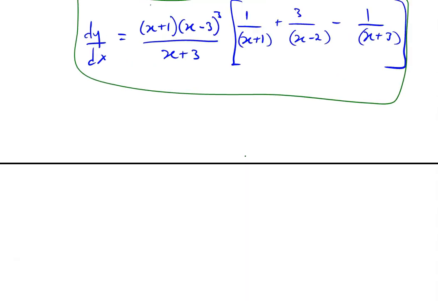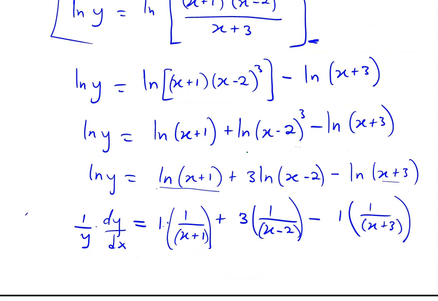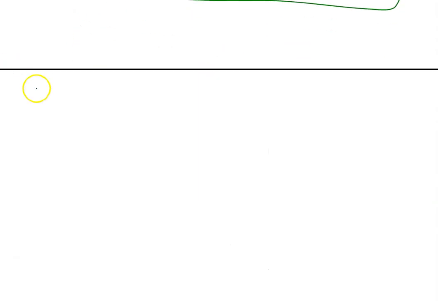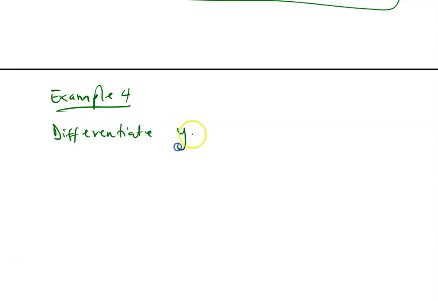Let's take example 4. Right. Now I'll try to make the video so short. Example 4. So we say differentiate y equals to root of what? x minus 2 all cubed, right?